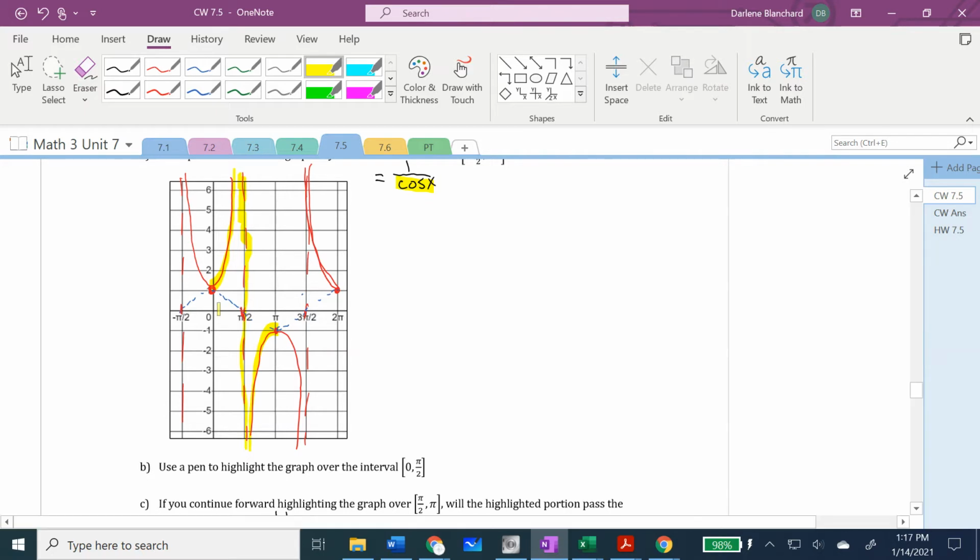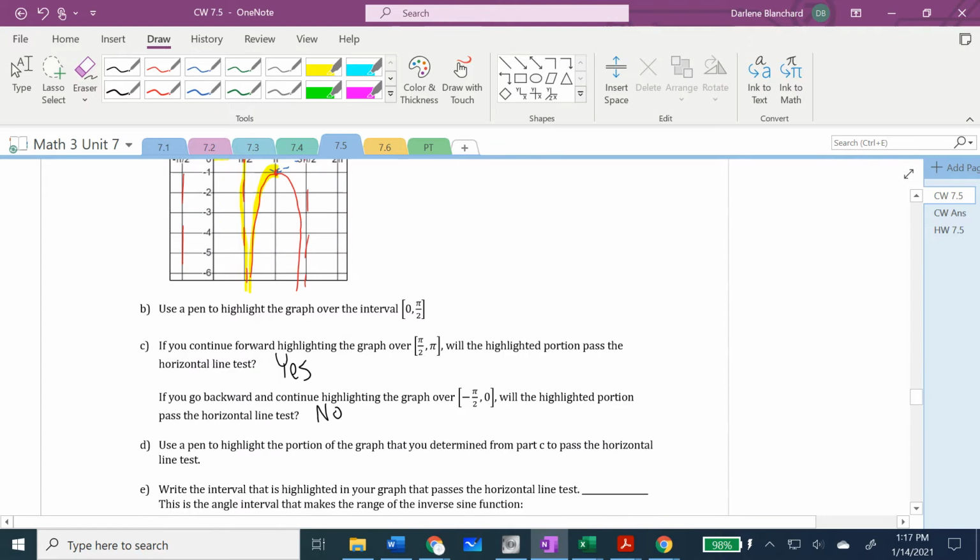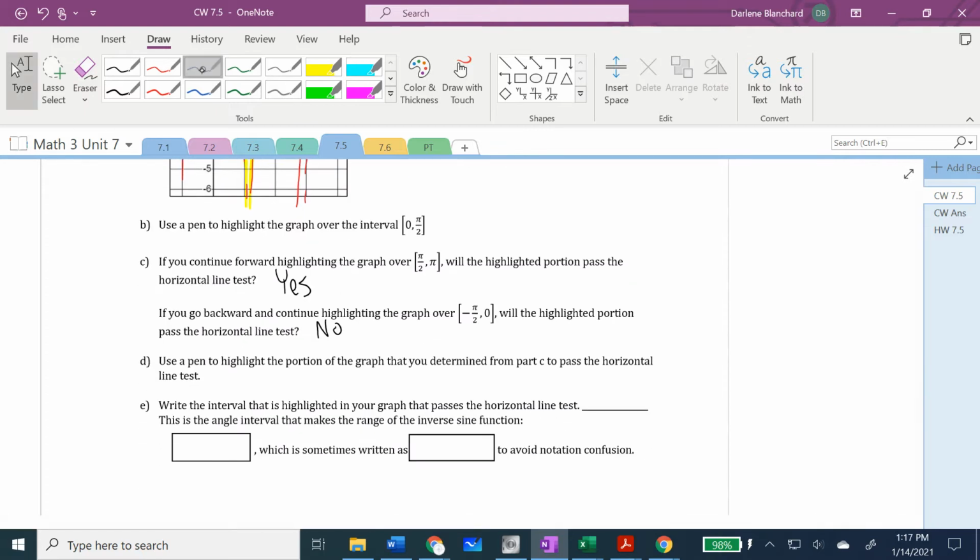You just want to see that humans had to choose the angle interval that was going to be used as the inverse function's angle range. And so that means that the inverse secant function uses the interval from 0 to pi over 2, 0 to pi.